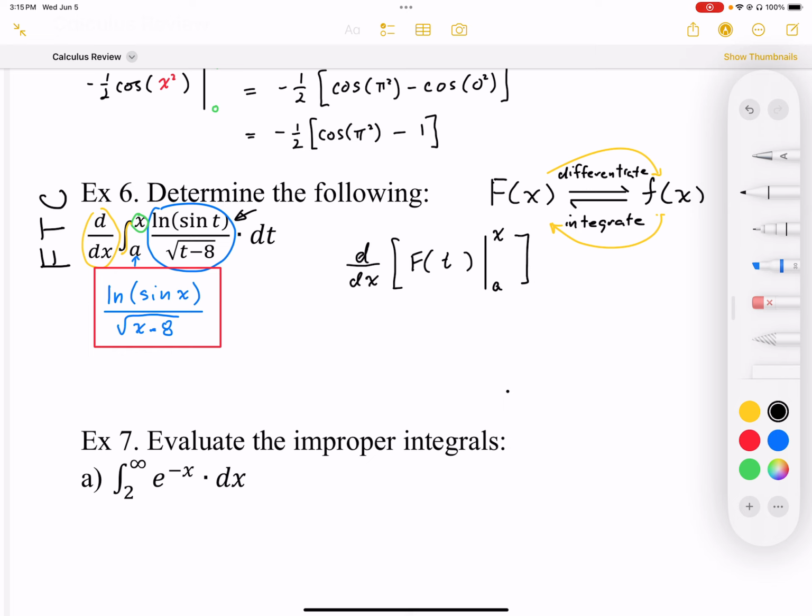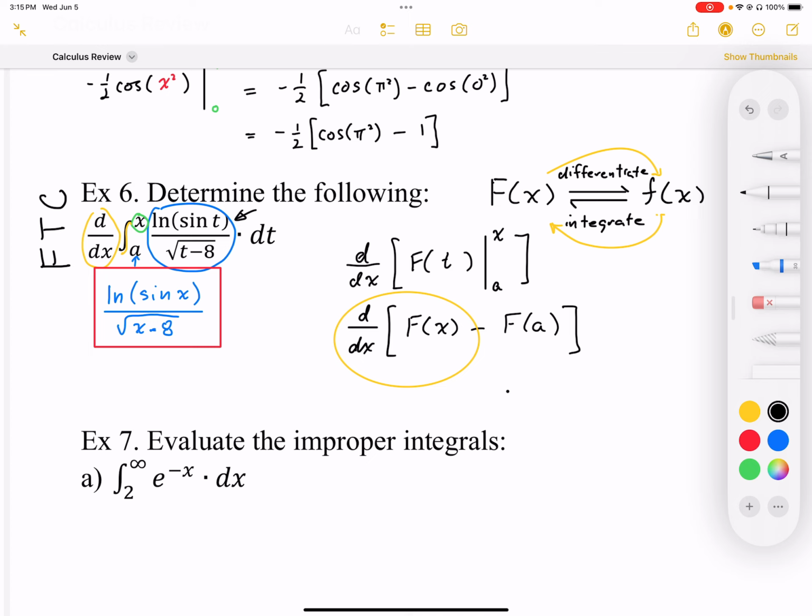Okay. Now, I differentiate that. Well, first of all, I evaluate this integral. This is why the x ends up replacing the t. We're going to put the end bound in there, and we're going to put the starting bound in here, and there it is. Although we don't know what big F is, we know it looks like that as a definite integral. And when I differentiate this, I'm taking the derivative of an integral.